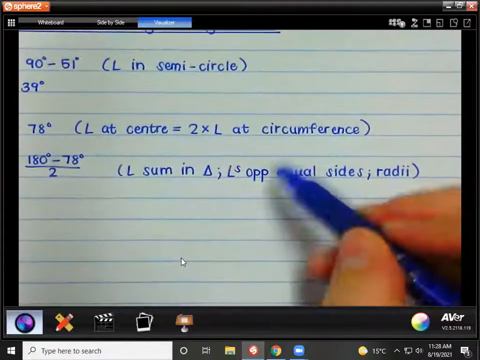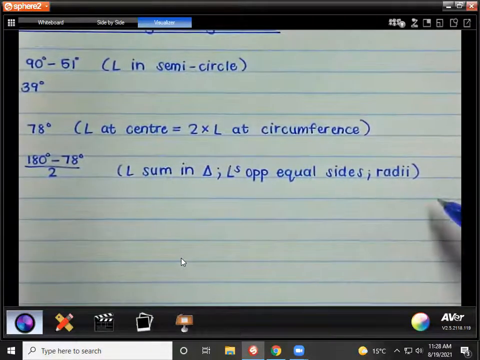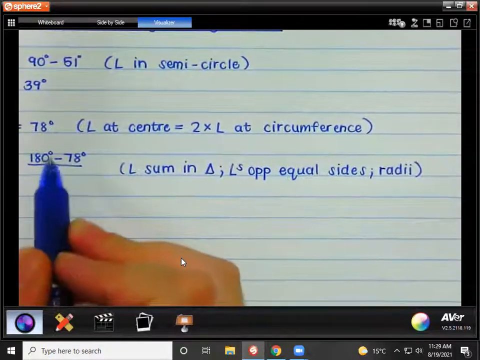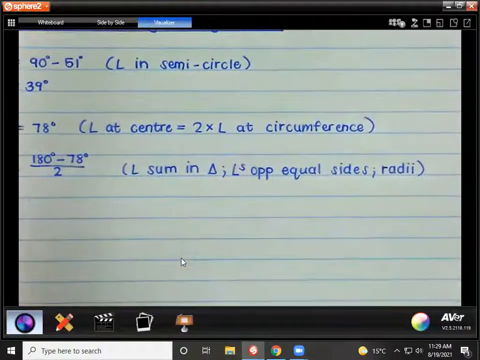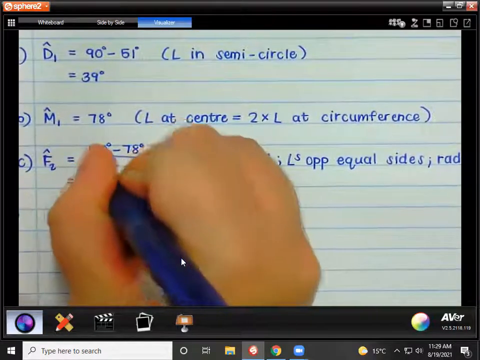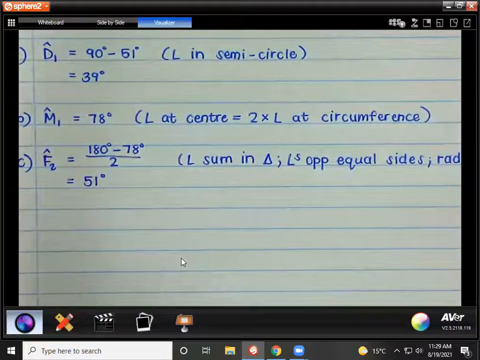They normally award 2 marks for having all 3 reasons. So if you leave out 1, you lose 1 of those marks. If you leave out 2 of them, you lose both marks. Okay, so it's important that you have all 3. What is 180 minus 78? 102. Hey, what's 102 divided by 2? There we go. So F2 is 51 degrees.